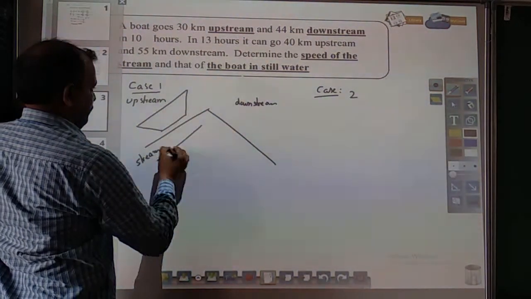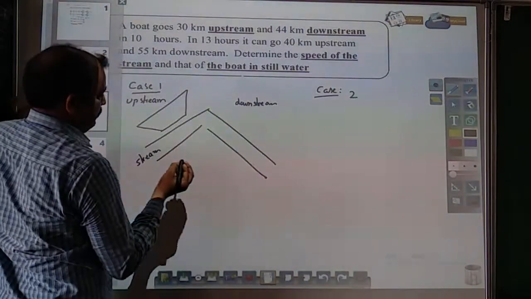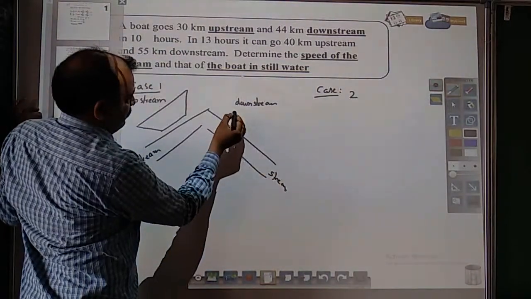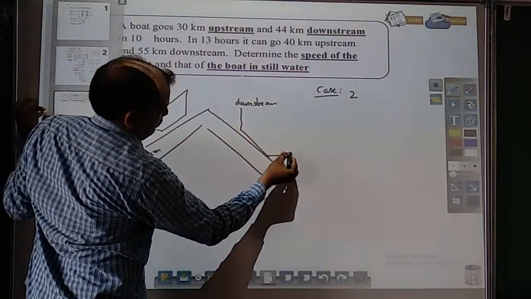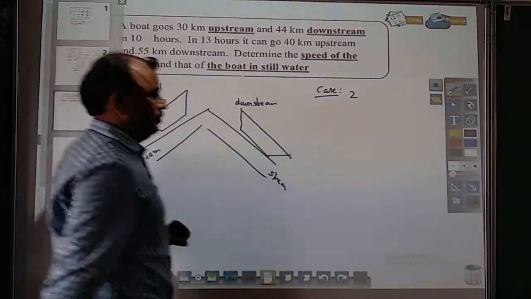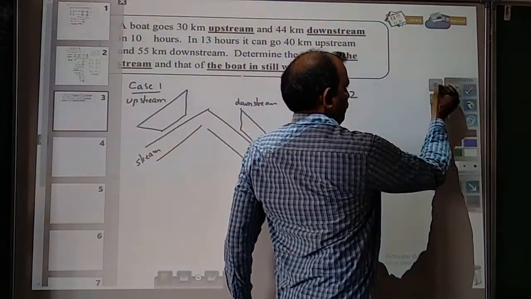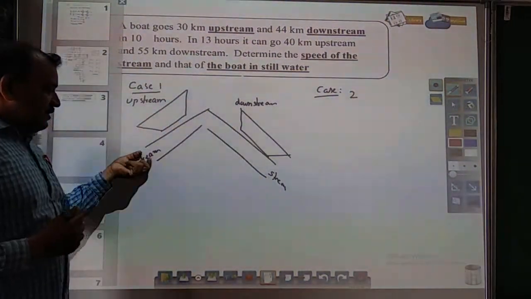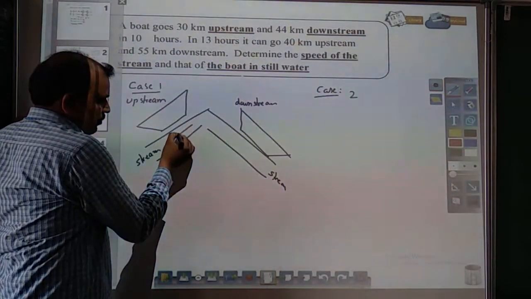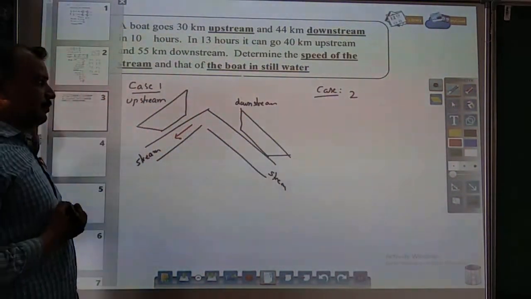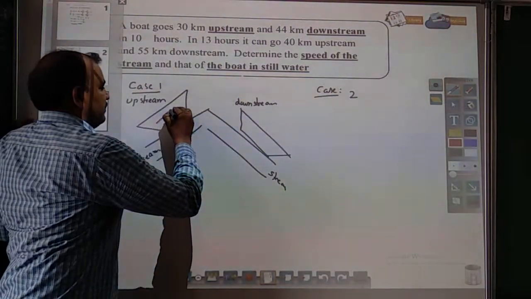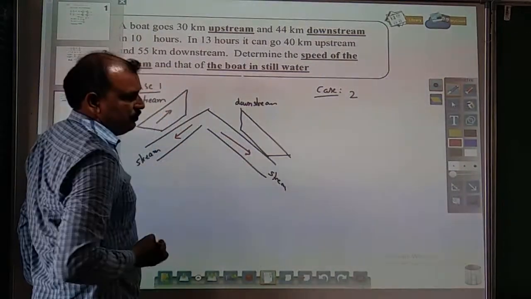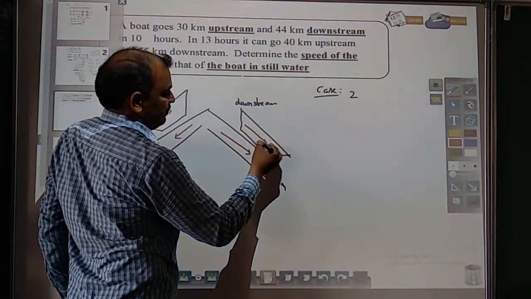Stream is this one. A stream direction is that it flows from up to down. The boat direction is like this. In this case, stream is up to down, and the boat direction is also the same.